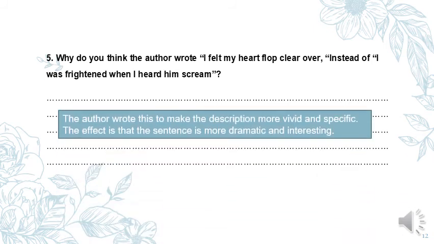Okay, so the author wrote this to make the description more vivid and specific. Vivid means clear. The effect is that the sentence is more dramatic and interesting, gives you more drama.